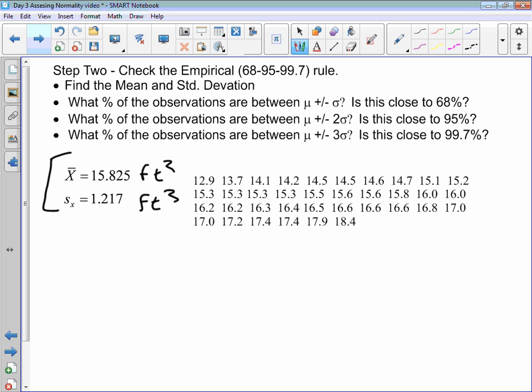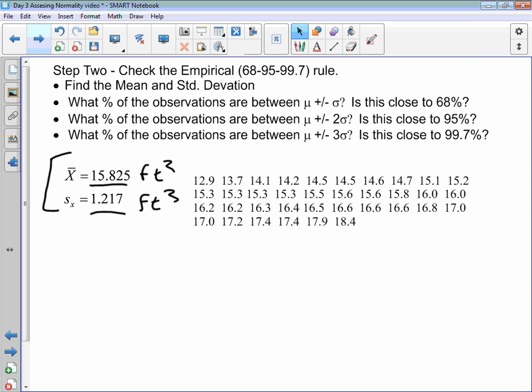Always got to put your units on this so you have the context. So this is the average size of the 36 side-by-side refrigerators, and the standard deviation means that on average, they vary about 1.2 cubic feet away from the center.